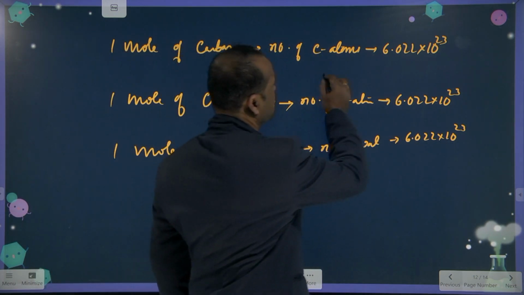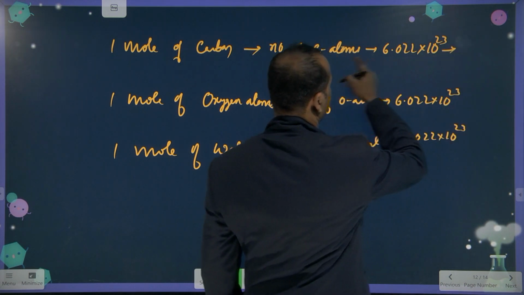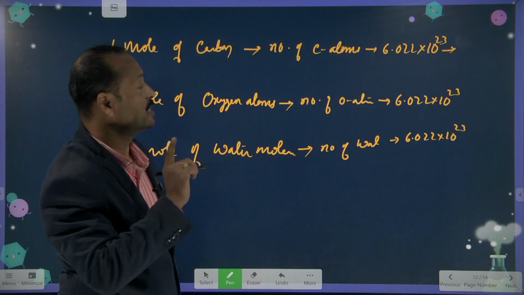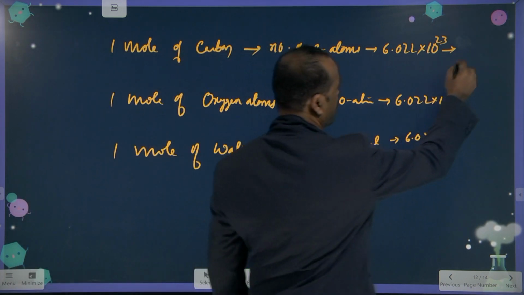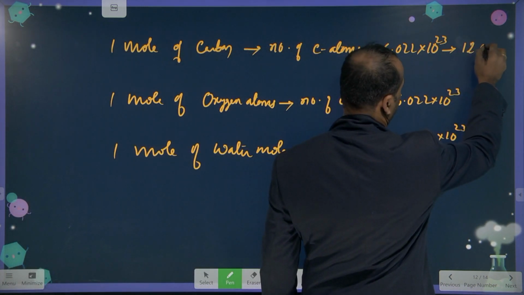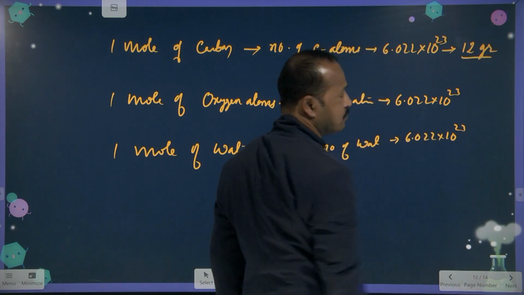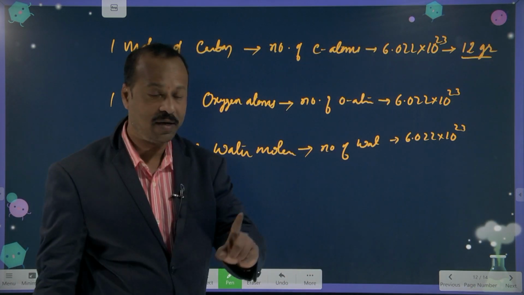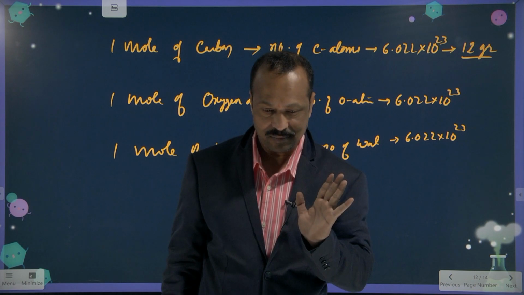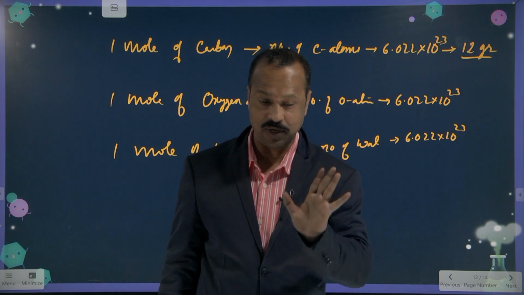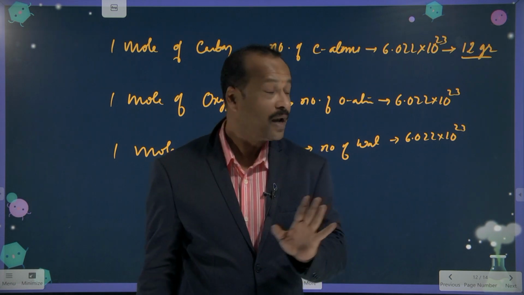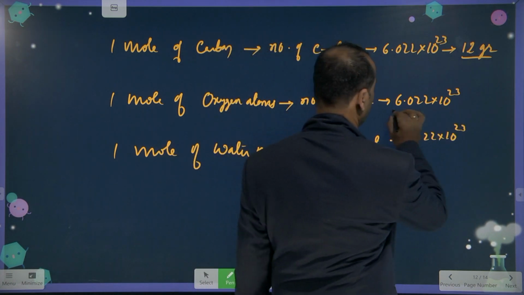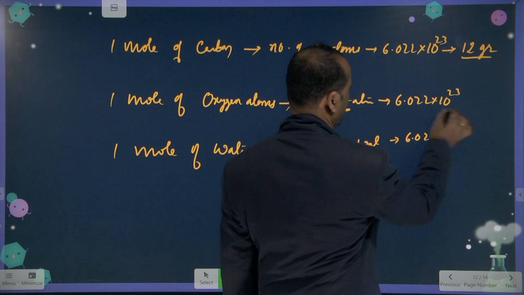Then what is the mass of this? The mass of 6.022 × 10^23 carbon atoms is how much? That is nothing but 12 grams, because carbon atomic mass is 12. Is this clear to you? Now, here 6.022 × 10^23 oxygen atoms are there. What will be the mass?